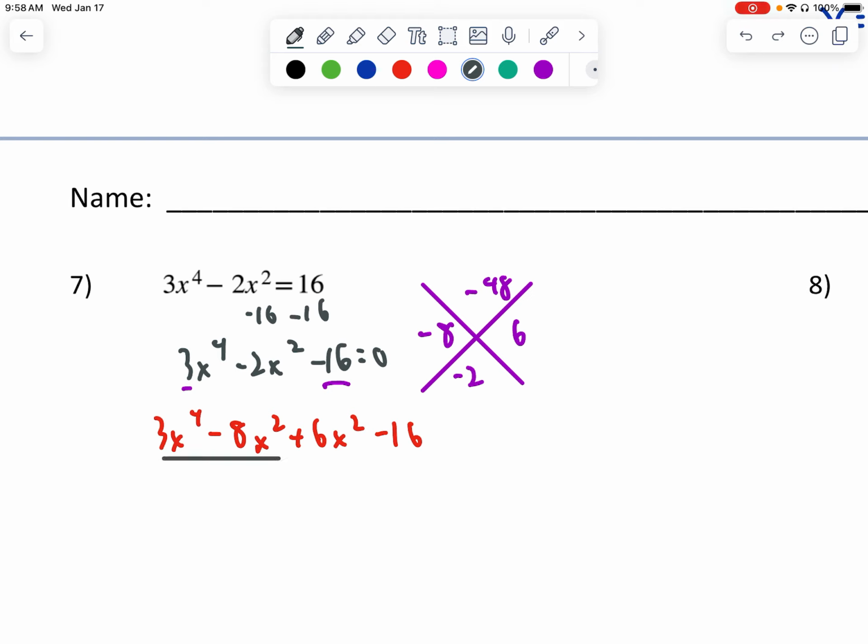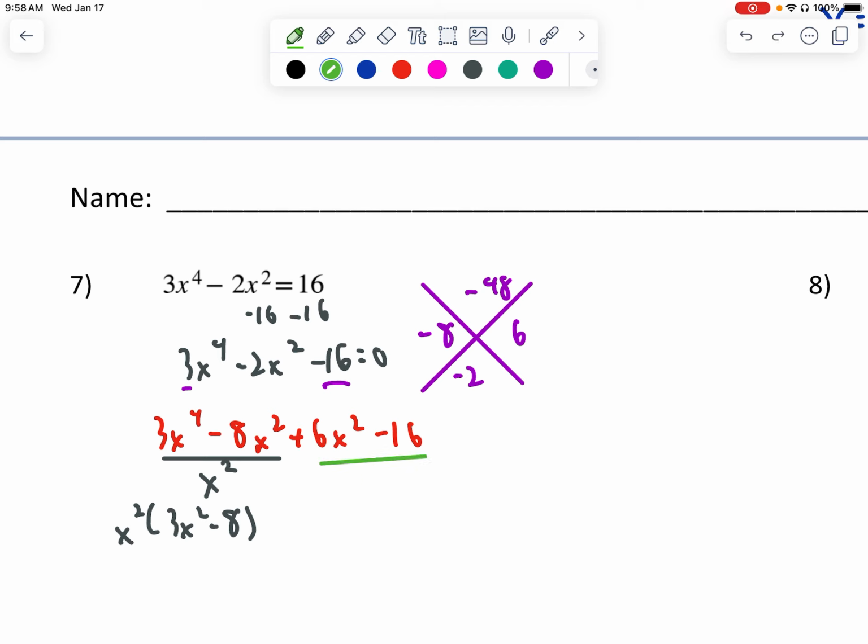So looking for 2 greatest common factors. For this first group, all I can factor out is an x squared, which would give me an x squared on the outside, and a 3x squared minus 8 on the inside. And in my second group here, I can factor out a 6.